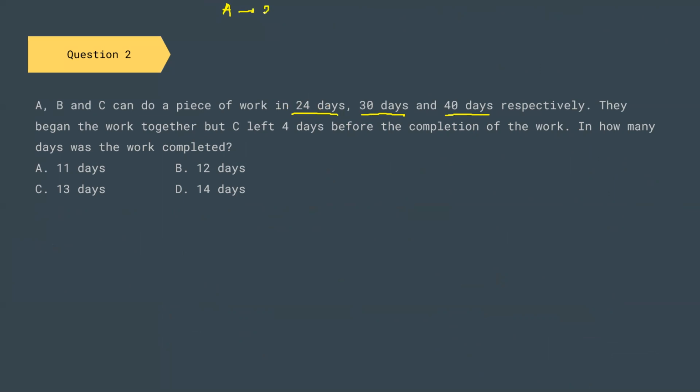A can do in 24 days. B can do in 30 days. And C can do in 40 days. Same amount of work. They began to work together, but C left after 4 days before the completion of the work. In how many days was the work completed?